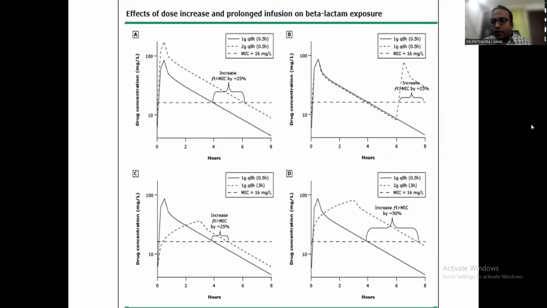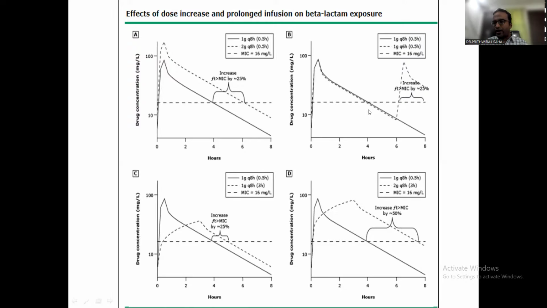So where the next dose was supposed to start at 8 hours, whose percentage we were calculating was this much, now we have cut it down to 6 hours and now the T is this much. Now this portion which is above MIC was almost 50% of that 8 hours.